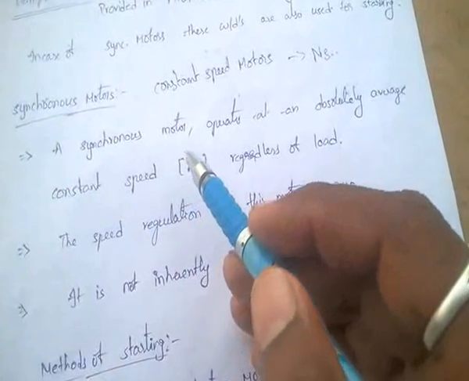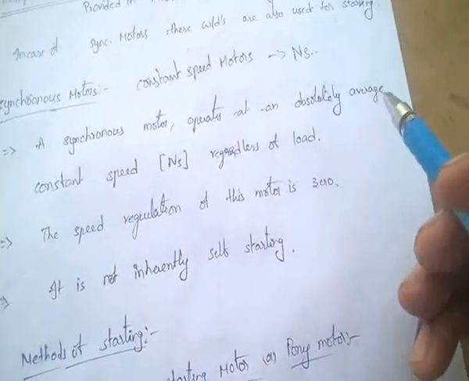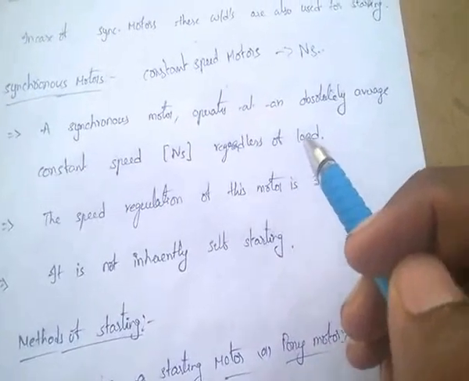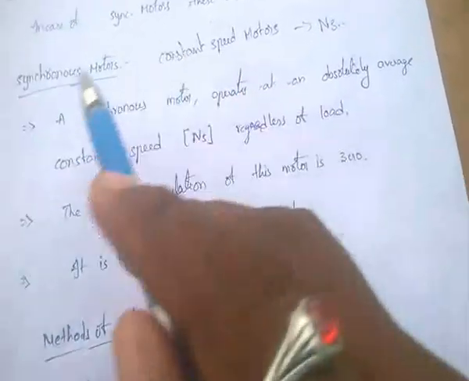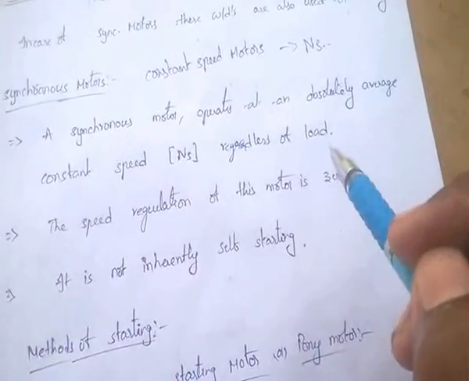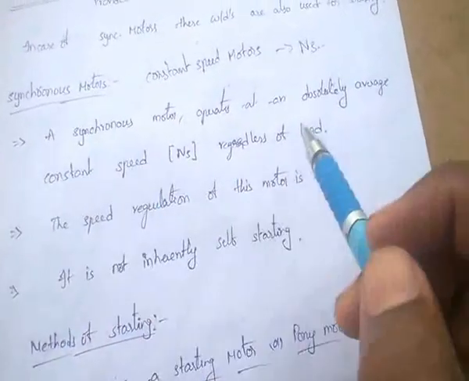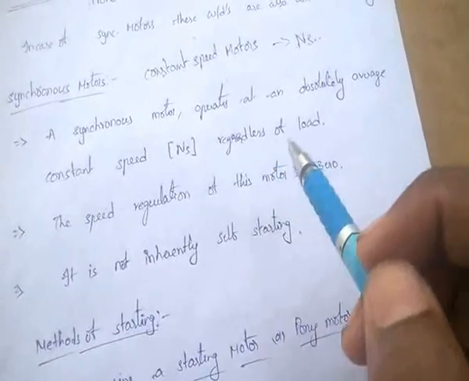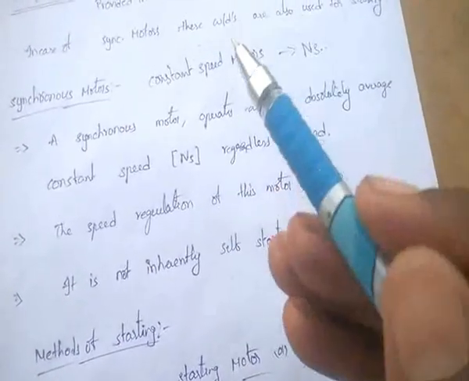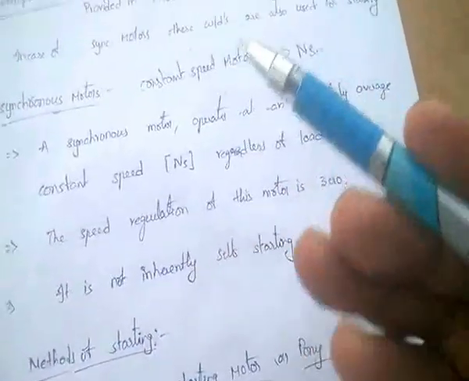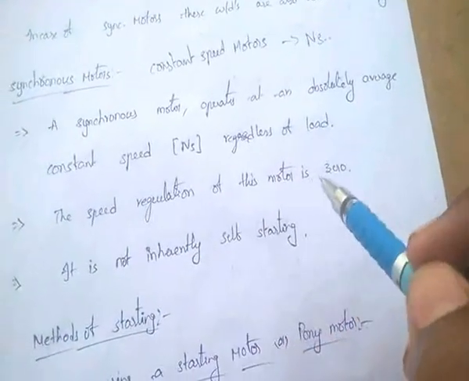A synchronous motor operates at an absolutely constant speed regardless of load. That means the synchronous motor speed does not vary with the load, and if the speed does not vary with the load, there is no speed regulation. So the speed regulation of this motor is 0.